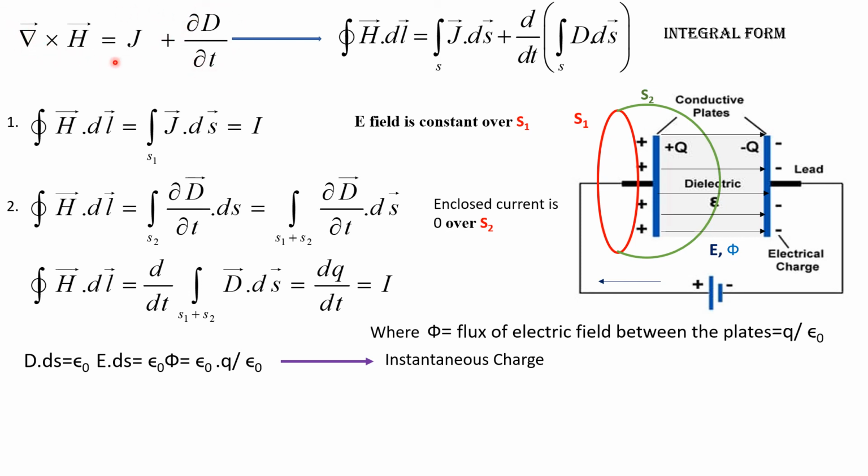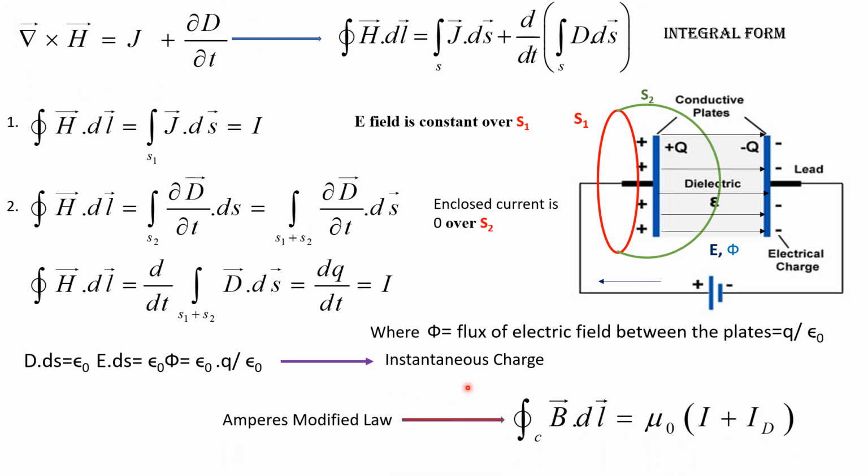Maxwell removed the discrepancy in Ampere's law, and that equation is very important: curl of H equals J plus ∂D/∂t, Ampere's modified law. With this term we get ∮B·dl = μ0 I, and with ∂D/∂t we can write the displacement current, I_D, which is the current flowing in the capacitor plate, and which is very small.